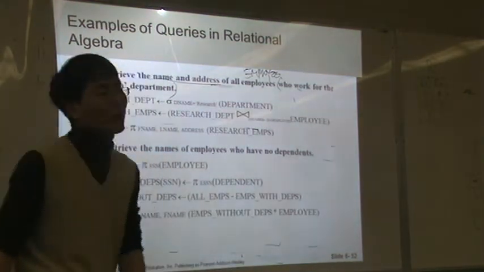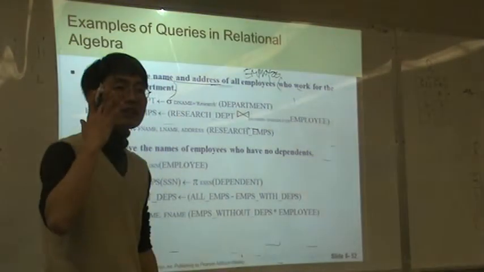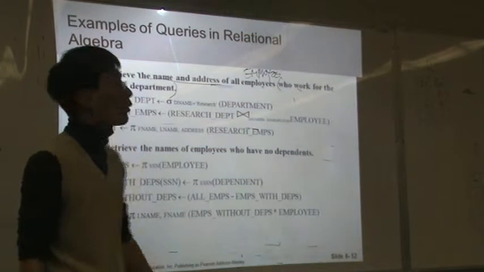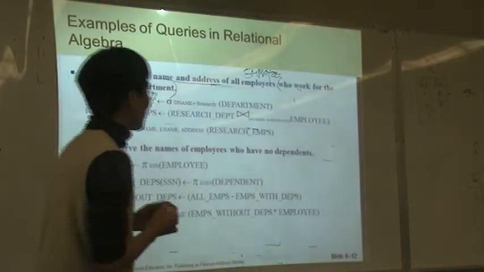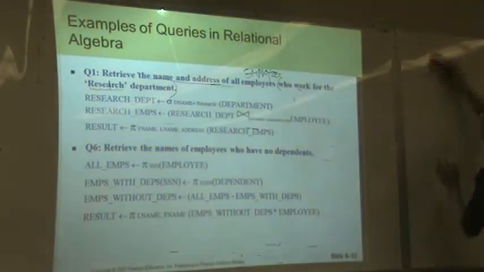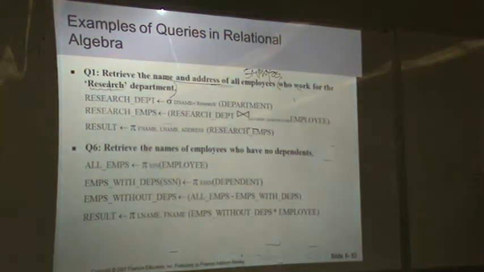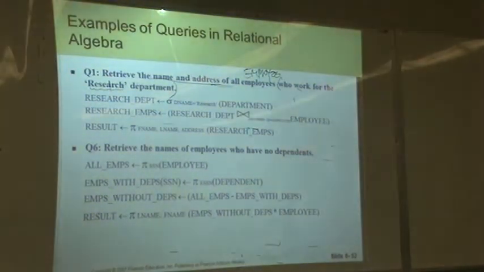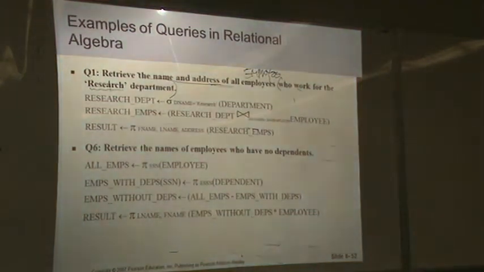You can access the employee, use just the select operation. However, this is a research department. So, first we need to access research department. Then get the department NO, department number.